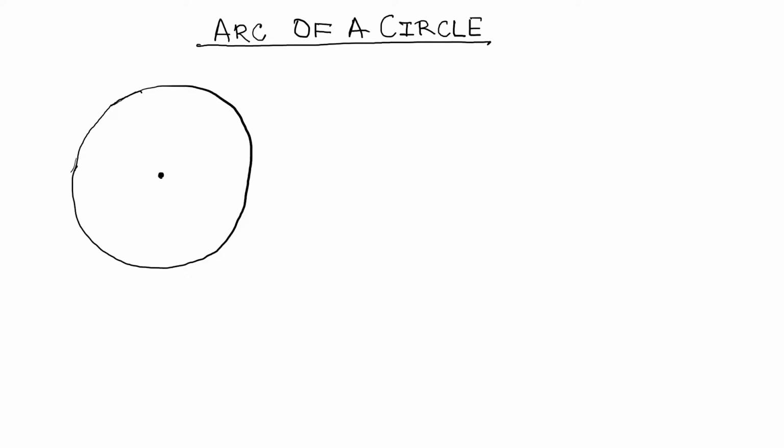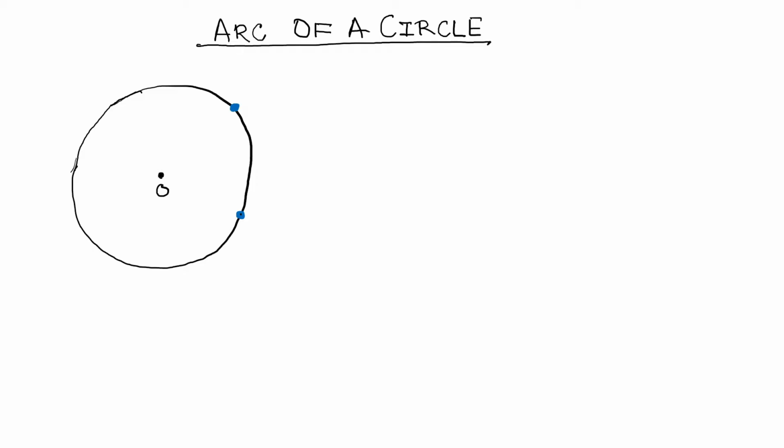Okay, going forth. Now this is a freehand drawing of a circle such that O is the center point of the circle. Now if I take any 2 points lying on the circle, means on the boundary of a circle, let's say these are the 2 points. The curved length is nothing but the arc.